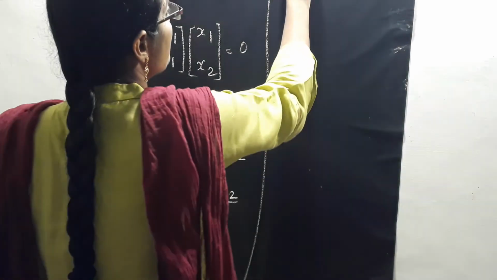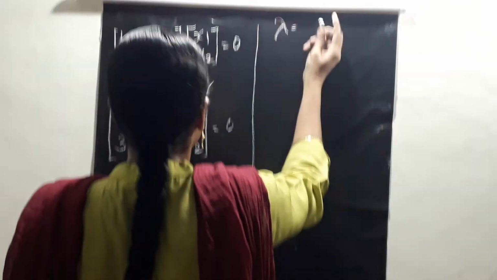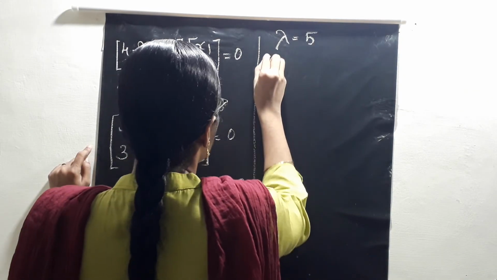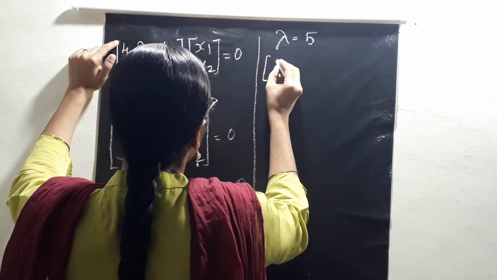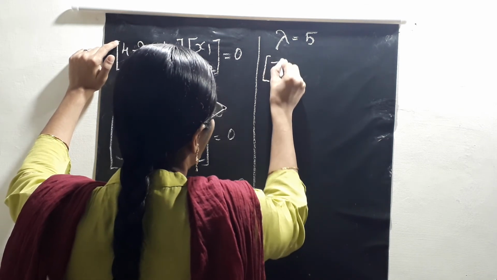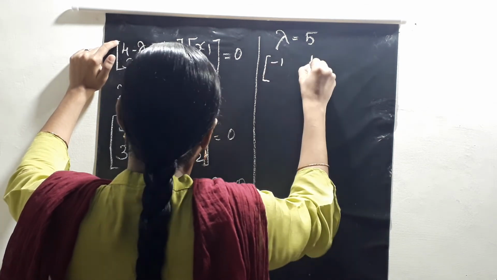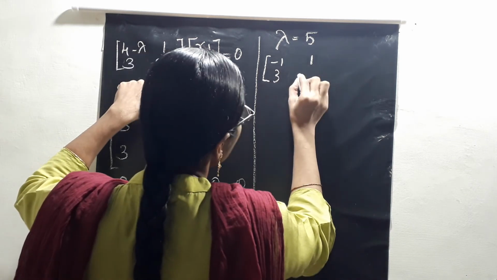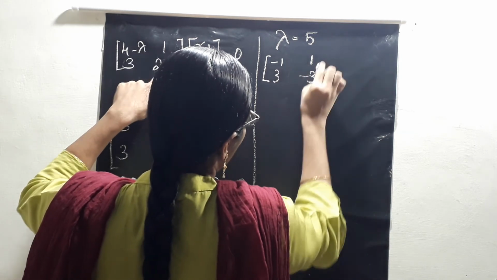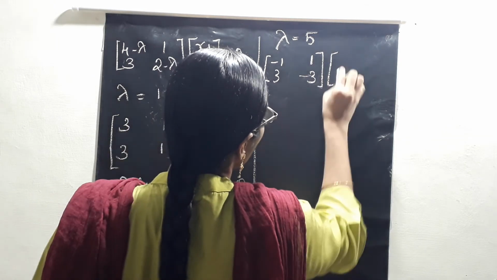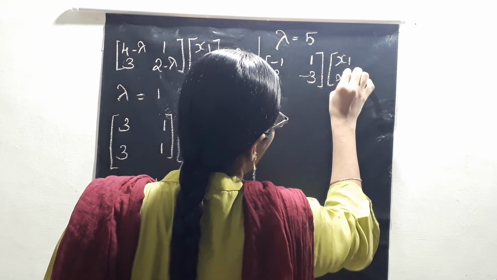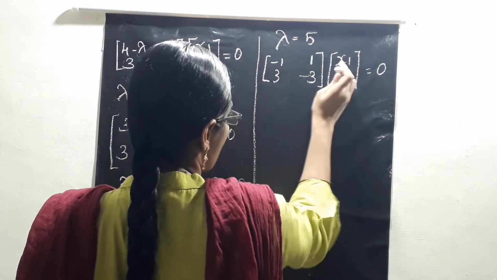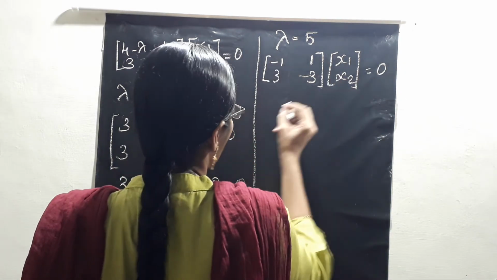Then if you substitute lambda equal to 5. Substitute here 4 minus 5 is minus 1, 1. 3, 2 minus 5 is minus 3 into x1, x2 is equal to 0. So row by column, multiply it.